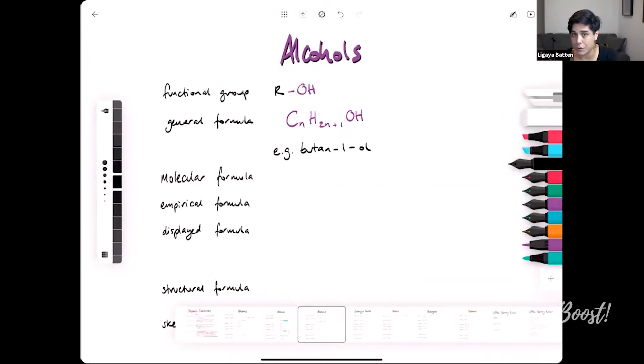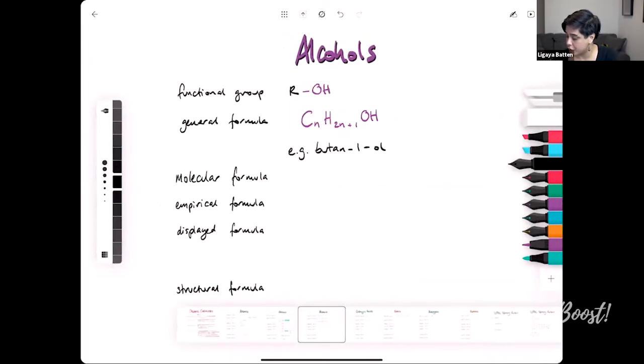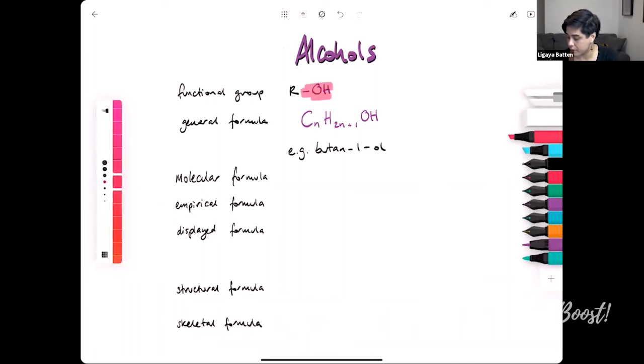Next is alcohols. So alcohols, the functional group is OH, so I've shown this OH over here, okay? And the R just represents any carbon chain. So depending on what the context of the question is, you wouldn't necessarily be expected to show the R, but strictly you should show the R to show that this OH is attached to a carbon chain.